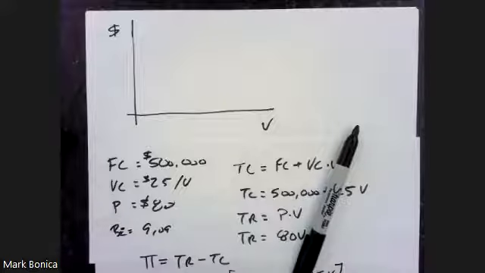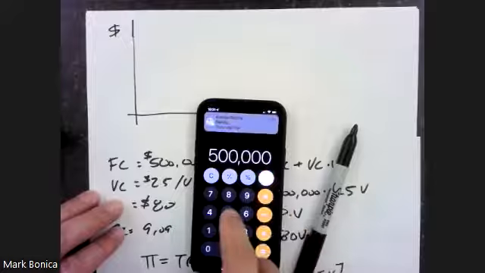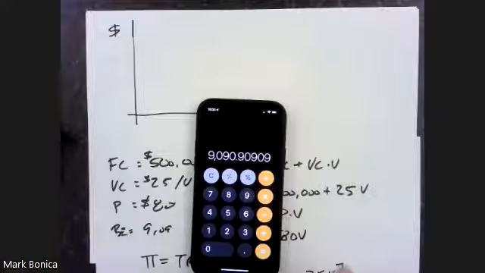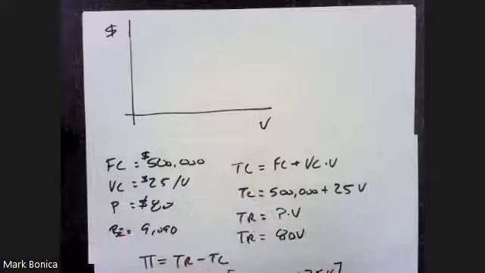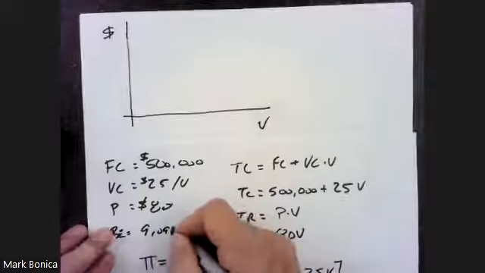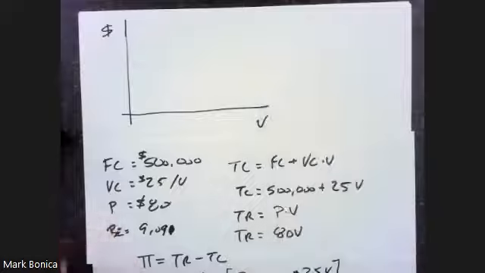Sorry, I'm working off my notes. 500,000 divided by 55. My note was 9,091, and I was seeing a 9. It should be 91, because it's 9,090.9. So 9,091.